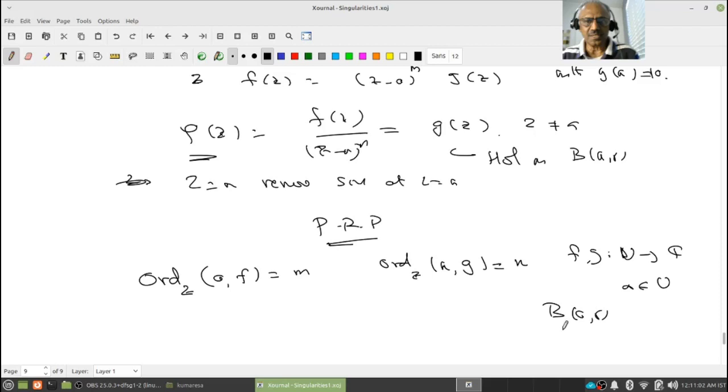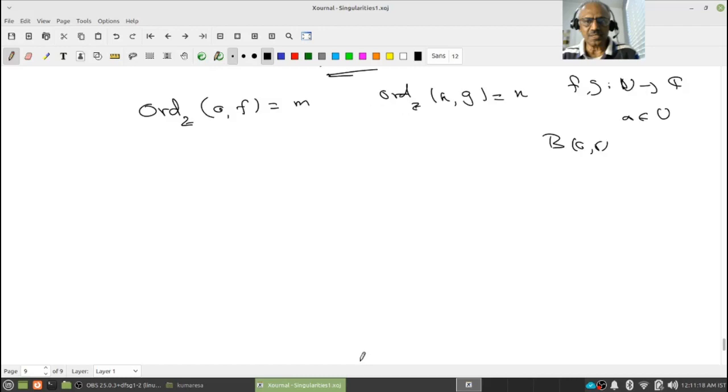Take R to be the minimum of R1 and R2. Then on B-bar, the only isolated zero of f will be a, and similarly the only isolated zero of g will be a. Let us assume their orders are m and n.